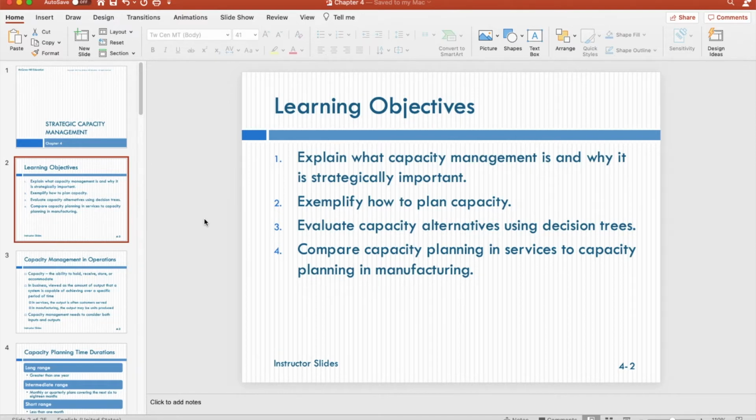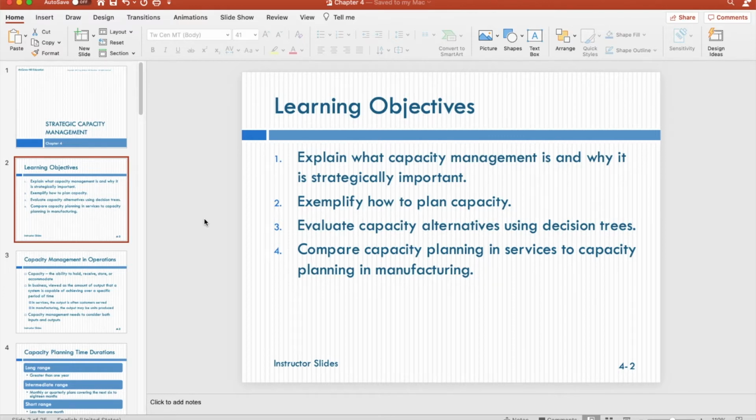And then lastly, normally when we talk about capacity, we may think of a few examples related to capacity planning in manufacturing. But actually, capacity planning right now is also very prominent and important in service-type firms.